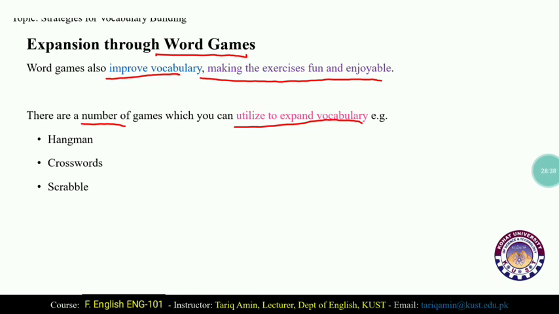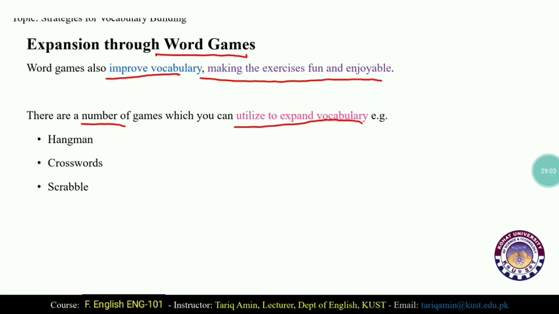When you come across a difficult word in your reading process while you are reading a book, you need to check the meaning of that difficult word. And if you want to expand your vocabulary more and more, you can search its synonyms and its antonyms as well. It would help you improve your vocabulary.